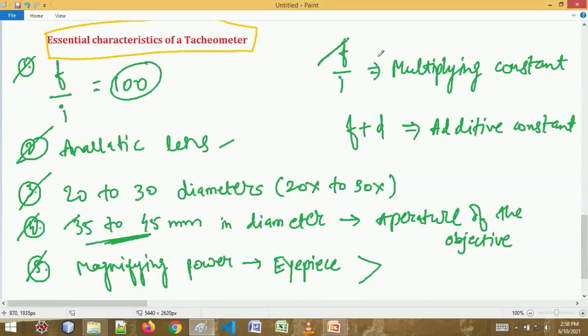We have also seen that there are two types of constant: one is the multiplying constant f upon i, and the second is the additive constant, that is f plus d. We will study these multiplying and additive constants along with the analytical lens in our next lecture.